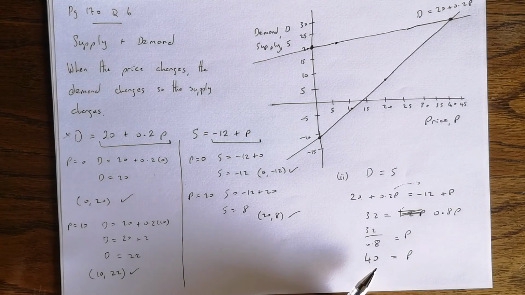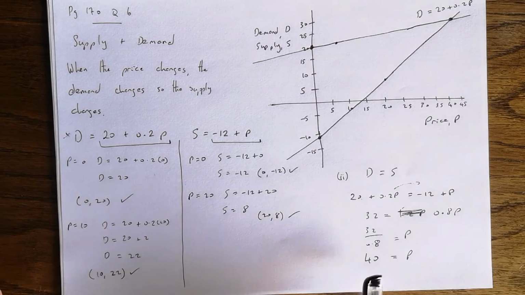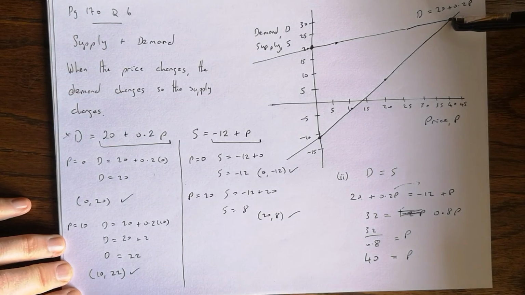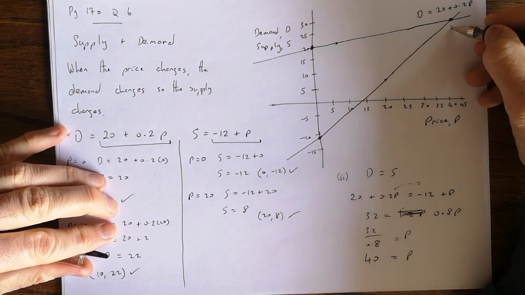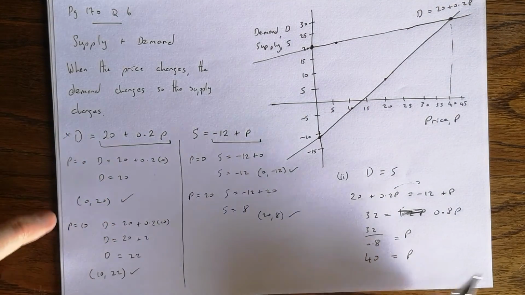What that is saying is when the price is equal to 40 euro, we have this state of equilibrium where the number demanded is equal to the number supplied. You can see that from the graph up here: it's coming down right at 40 when both of them are equal. When you solve it using equations, you're really accurate.